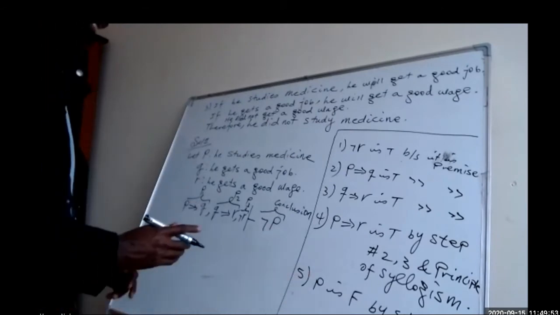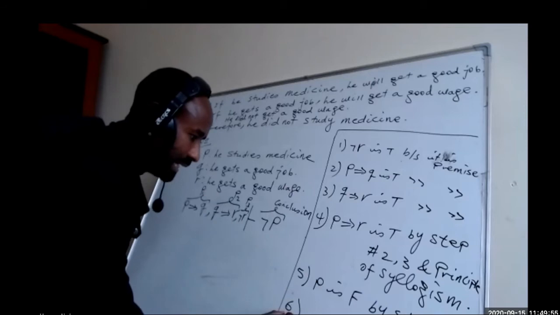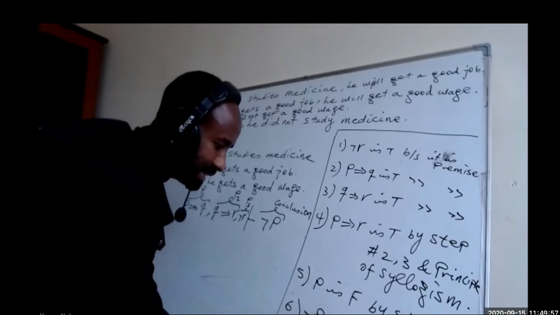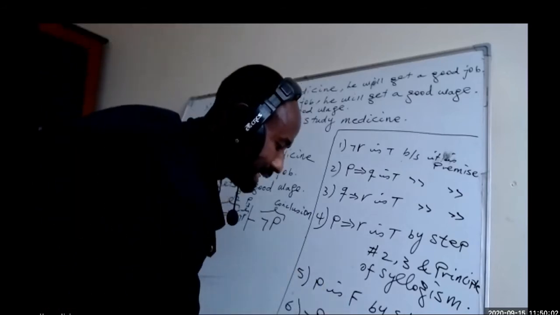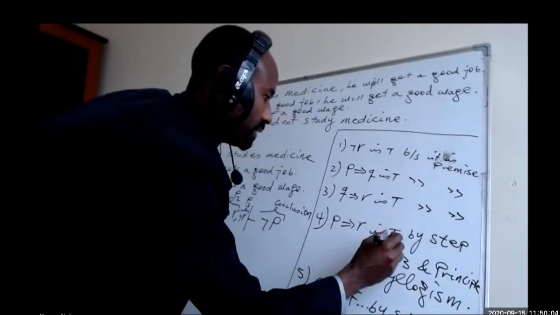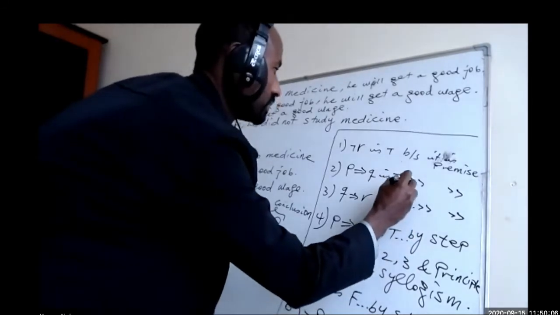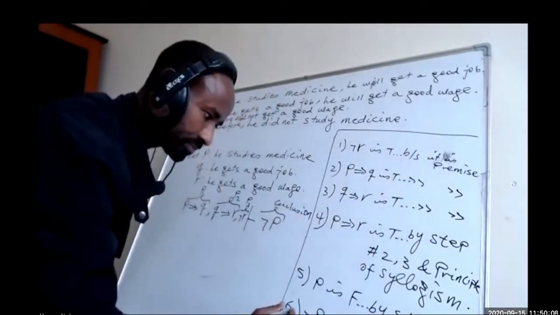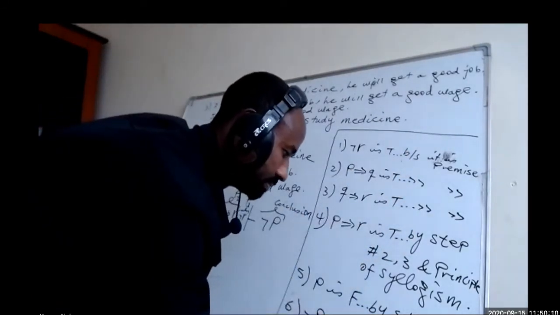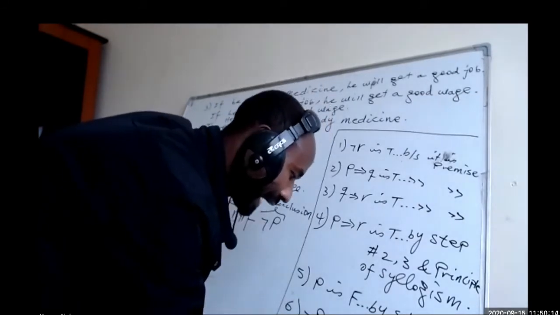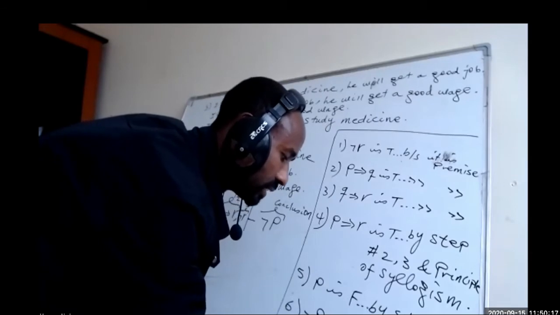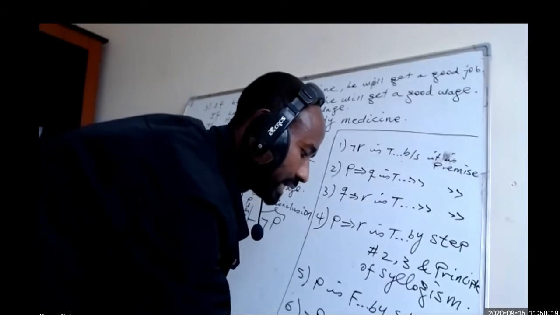So P is false. If P is false, negation of P is true. This is by step number 5 and rule of negation.